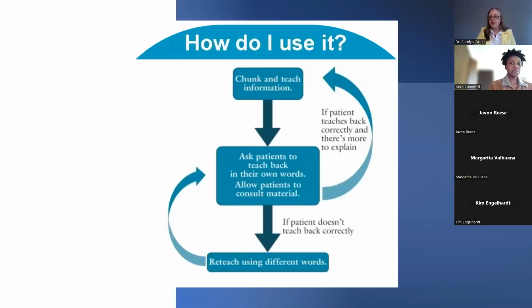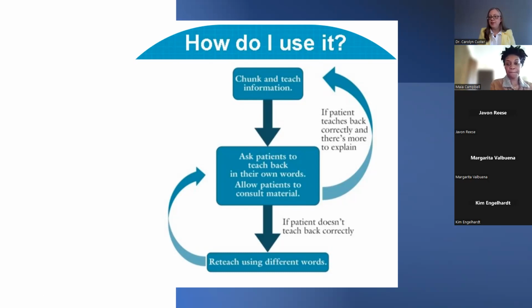Now here's a little graphic to show how you use teach back. So you want to chunk the information. If the patient has 3 different diagnoses, let's say they're asthmatic, diabetic, and have blood pressure, and they have 3 different things to talk about or to remember to do, you want to chunk each part individually. And then you just present the material and ask the patient to teach back.